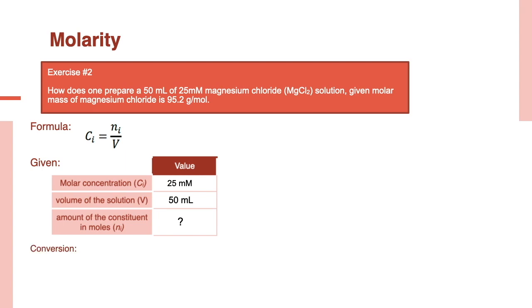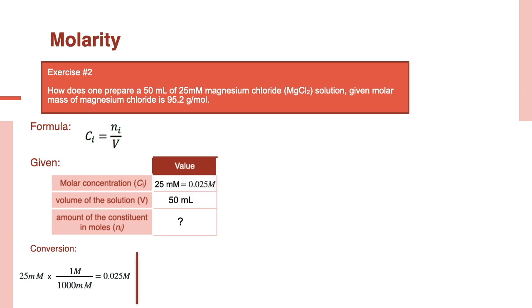First off, because it is somewhat more convenient to deal with terms expressed as molarity, convert the 25 millimolar value to a molar value. So 25 millimolar times 1 molar divided by 1000 millimolar is equal to 0.025 molar. Now, our 25 millimolar will be 0.025 molar.